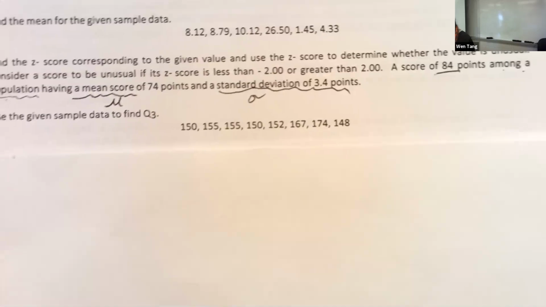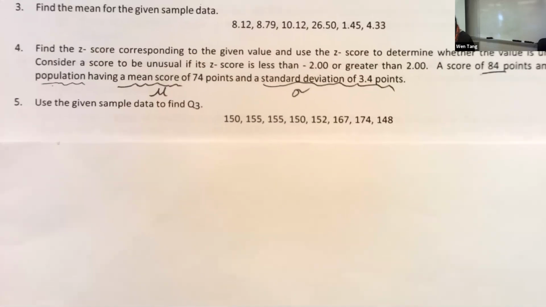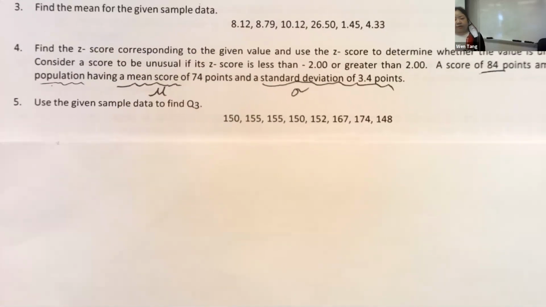Let's check the next one. The next one is about finding the third quartile, Q3. I don't know if you still remember how we get the quartiles. We cannot directly get the value of a quartile. We're going to use the percentile to get the quartile.